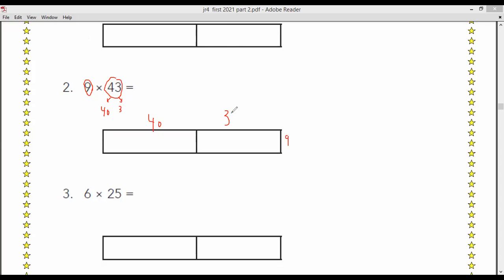I make this 3 times 9, because the area of a rectangle is length times width. That means we're gonna make it 3 times 9. So 3 times 9 equals what, Farida? 27. Yeah, 27. Thank you, Farida.